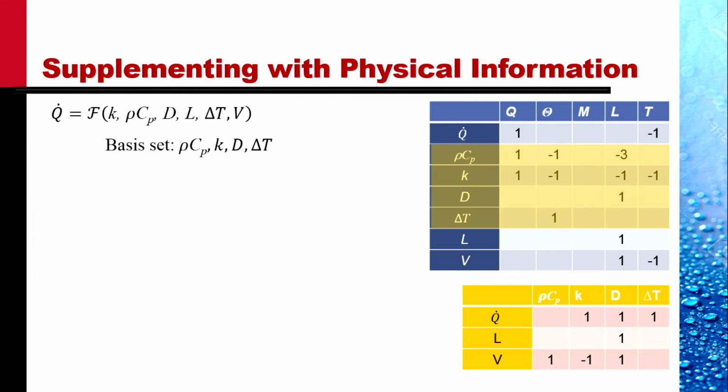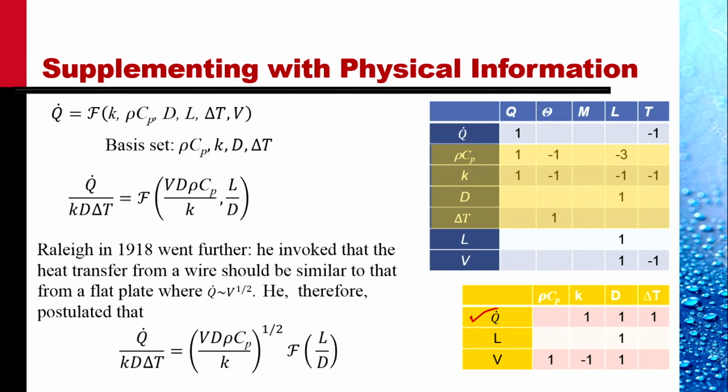And from this, we get a dependent non-dimensional parameter Q dot divided by K D delta T. That is, we get Q dot divided by K D delta T as a function of V D rho Cp by K and L by D. Rayleigh in 1918 went further.